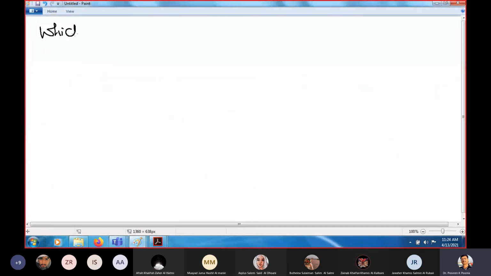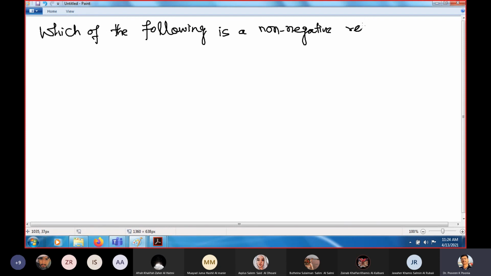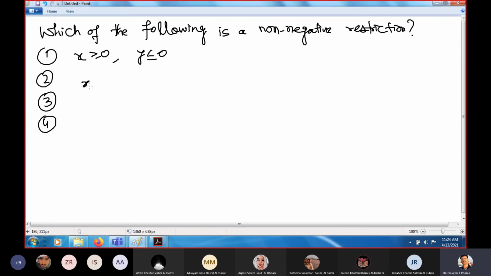Which of the following is a non-negative restriction? Clear? They will give you 4 options. 1: X greater than or equal to 0, Y less than or equal to 0. 2: X greater than or equal to 0, Y greater than or equal to 0. 3: X less than or equal to 0, Y less than or equal to 0. 4: X less than or equal to 0, Y greater than or equal to 0.